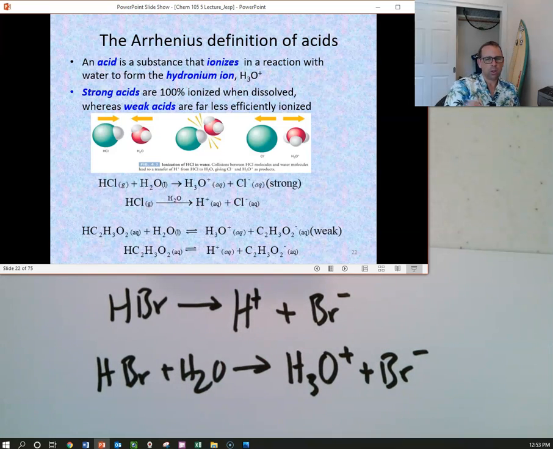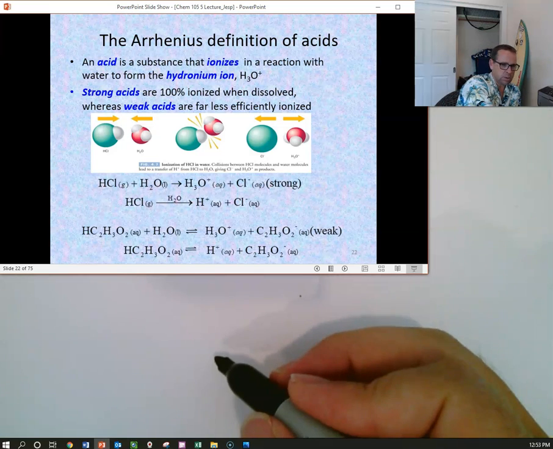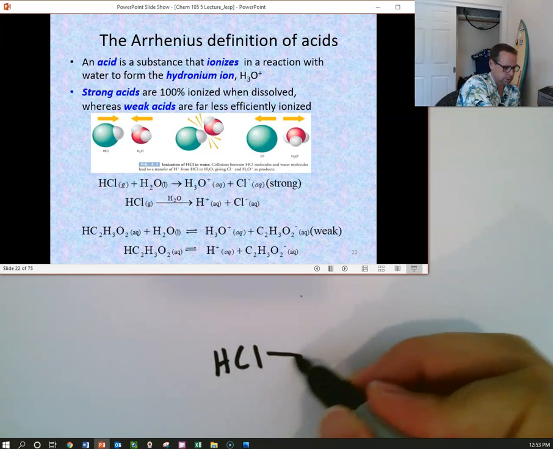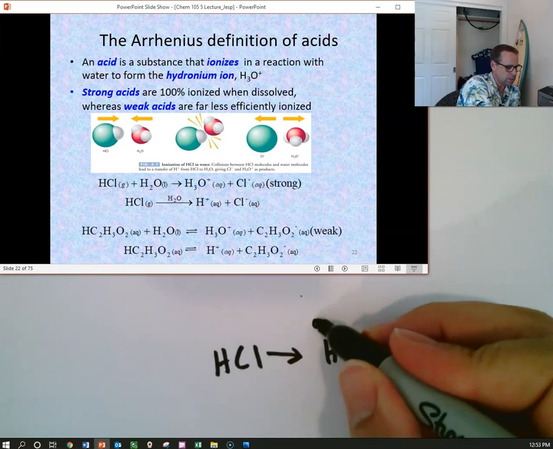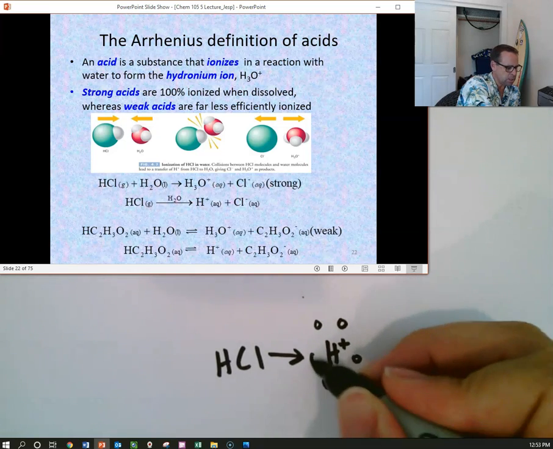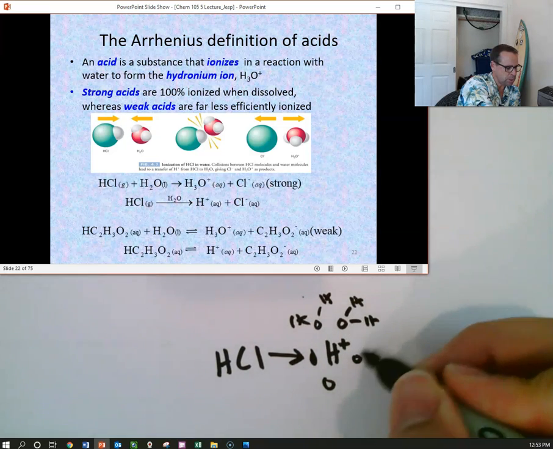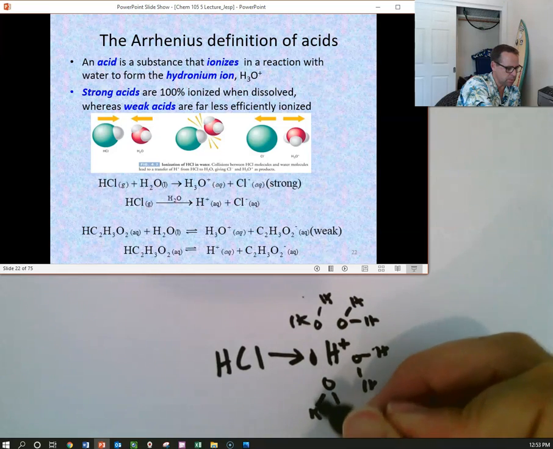When an acid dissociates, so here I have, let's say, the HCl, the dissociation occurs, the hydrogen ion is there, and it is surrounded by the oxygen ends of water molecules, just like the sodium ion when it dissociates from sodium chloride.